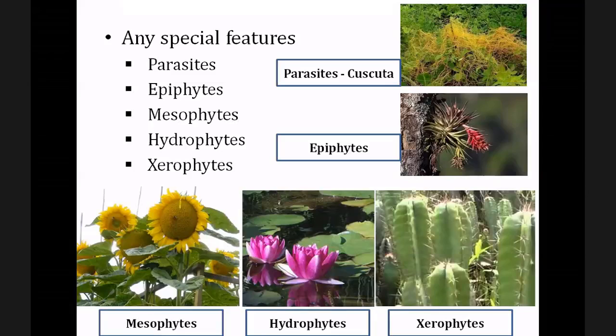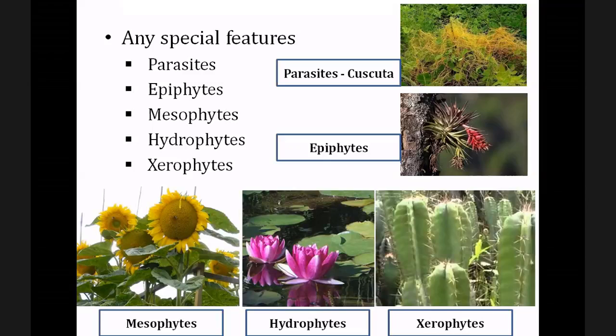Okay. Parasitic plant means a plant living on another plant. So one plant lives on another plant. That plant is called the host plant. The host plant for this parasitic plant. The plant lives on another plant for the nutrient.